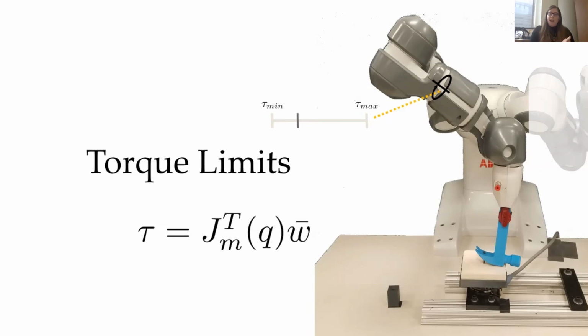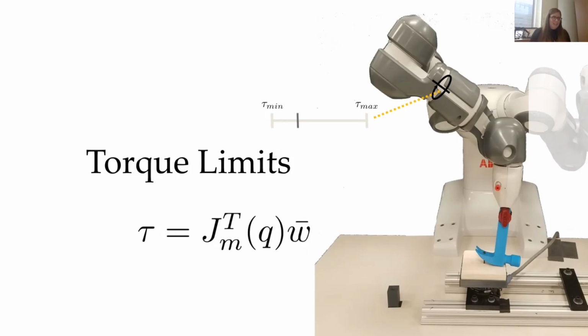The forward kinematics of a robot are a relation that maps the robot's joint configurations, the robot's Q, into the position of the end effector or the hand. And if you differentiate this relationship with respect to time, you get the robot's Manipulator Jacobian. The Manipulator Jacobian maps the velocities of the end effector into velocities at the joints.